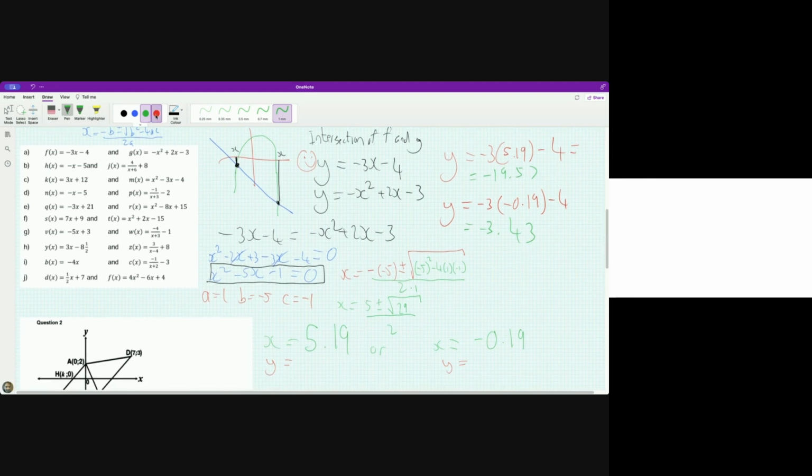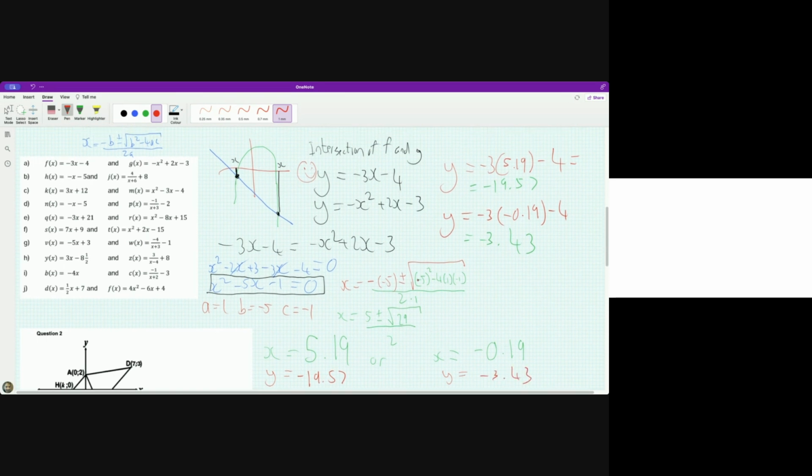So this would be that, and this would be that. And so the 2 points are going to be, if I called this one A and this one B, it looks to me like this one would be over here. That would be A, and that one over there would be B.